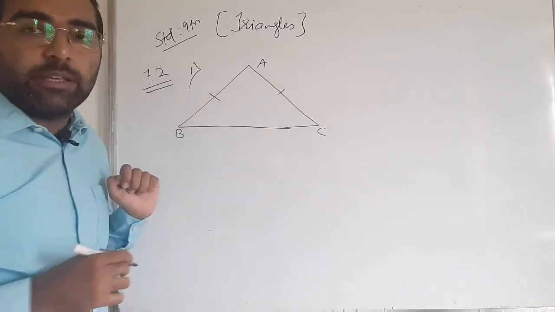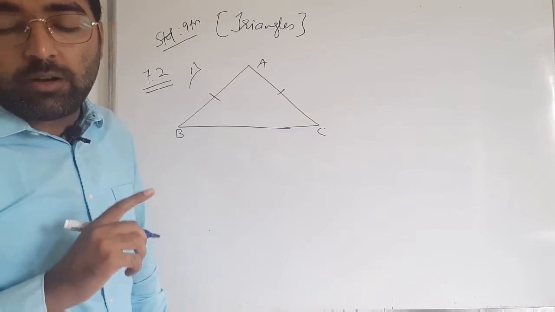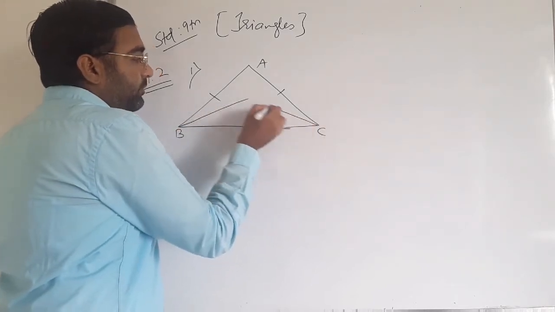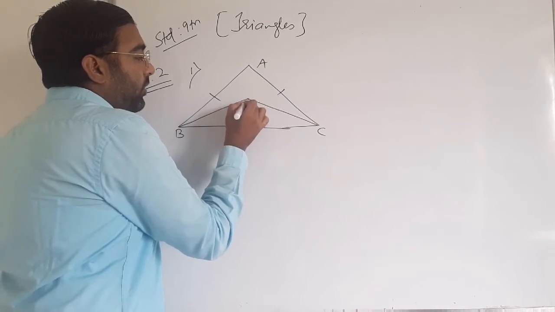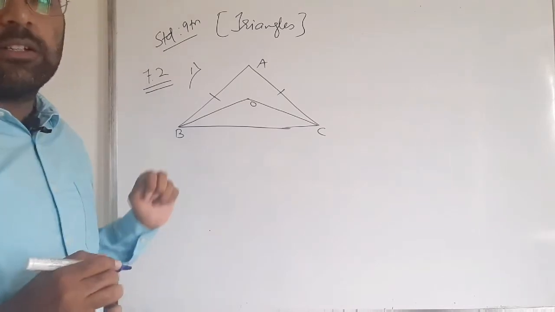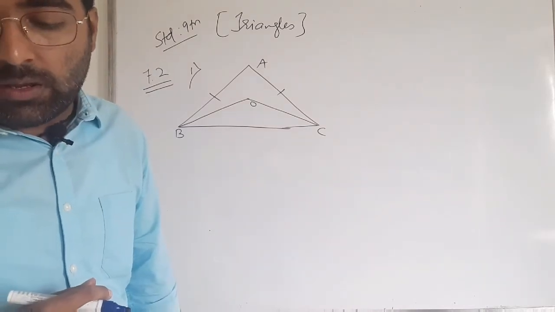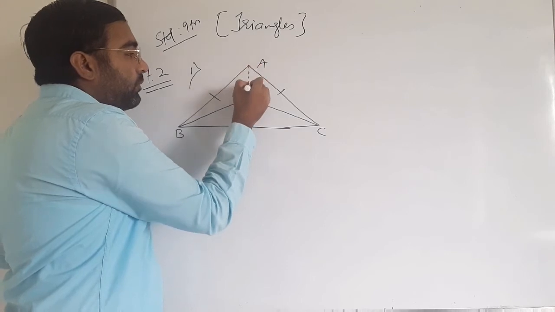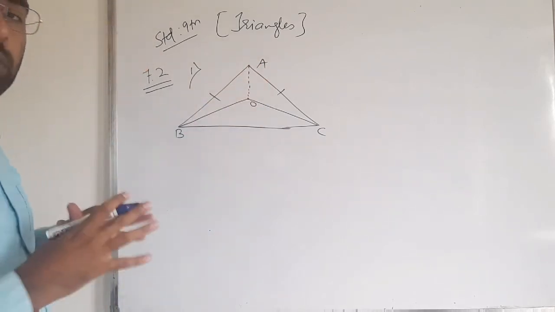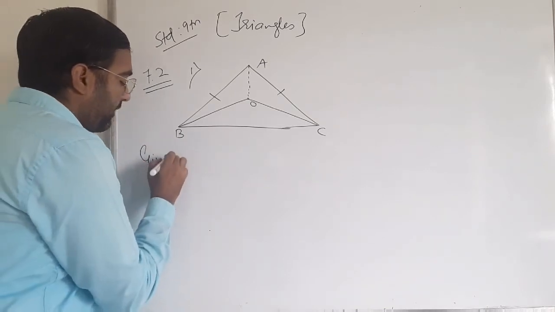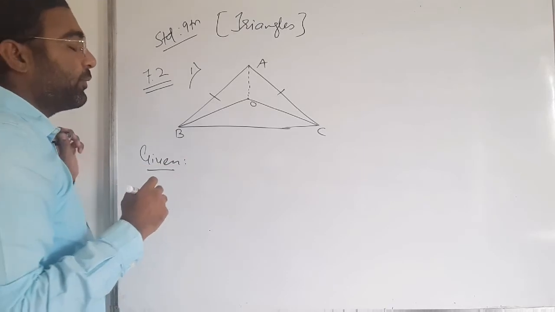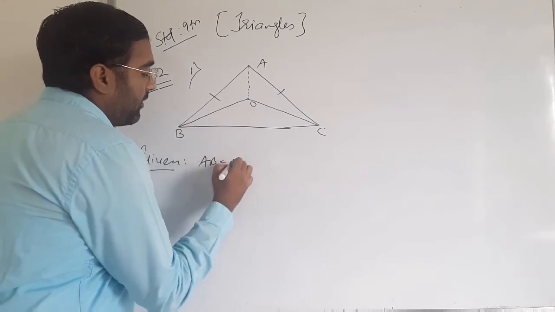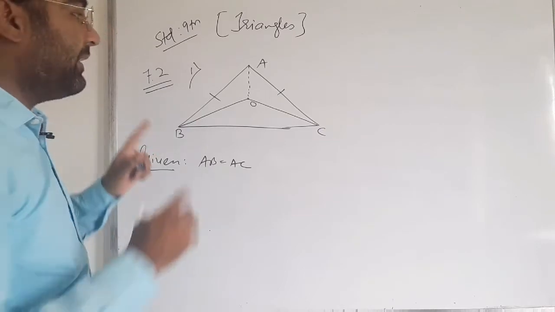Second, the bisectors of angles B and C meet at O. Now join A to O. First of all, as per the given condition, before we move on to what we have to prove, AB is equal to AC. One thing is given: the sides are equal.